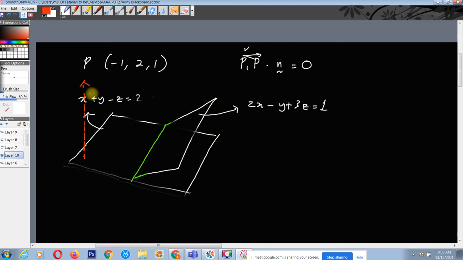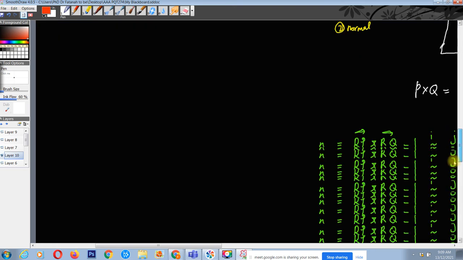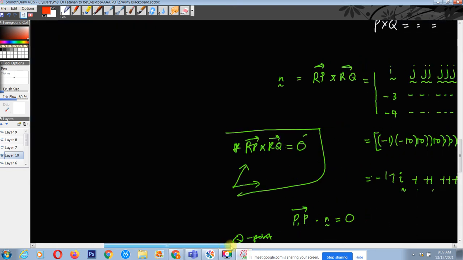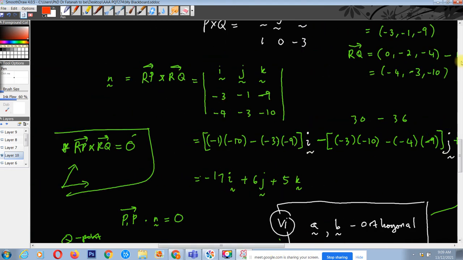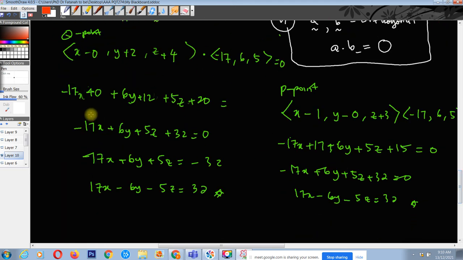So what is the normal for this? The normal for this plane is 1, 1, negative 1. If you can see here, once we have the normal, xyz, we just extract the coefficients from here, and that is the normal for the plane.